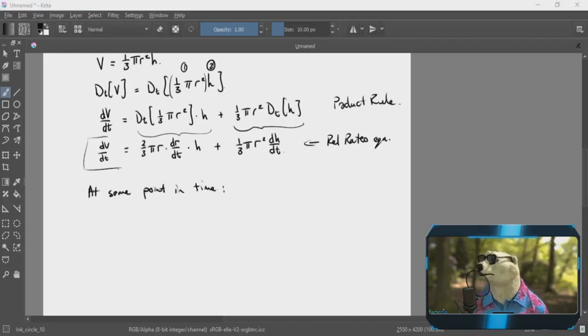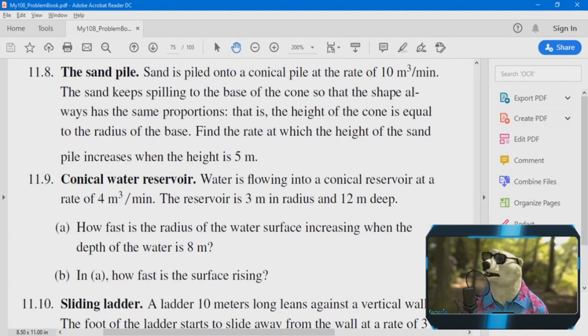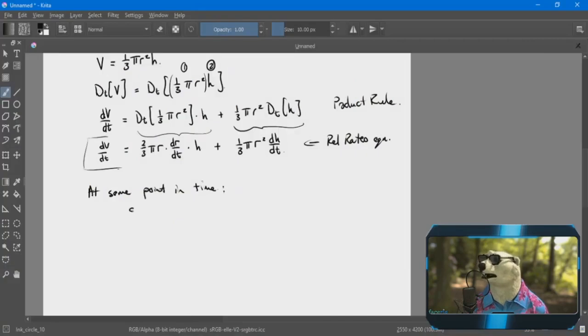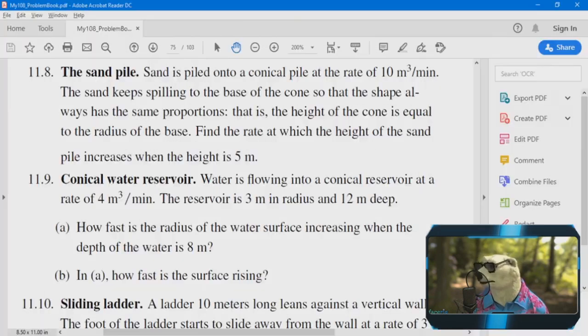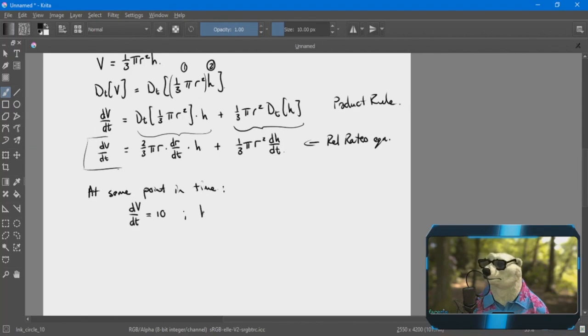So let's go back to the question and see, what do we have? The volume is changing at a rate of 10 cubic meters per minute, so that's an increase. So the rate of change of the volume is 10. That's always the same. Then sand keeps spilling, the shape remains the same. The height of the cone is equal to the radius. So, to keep things simple, the height is always equal to the radius.